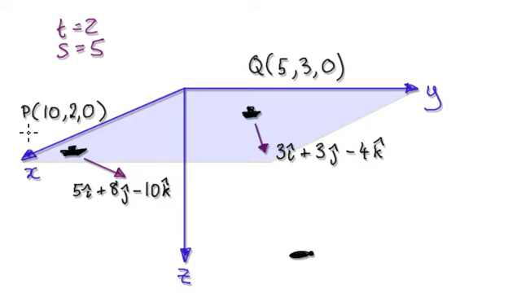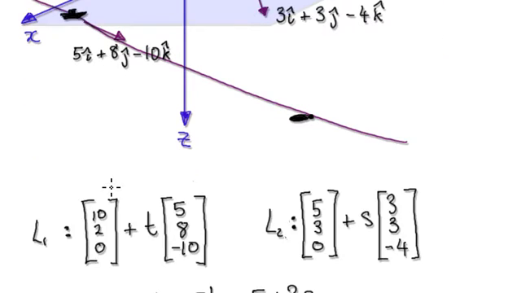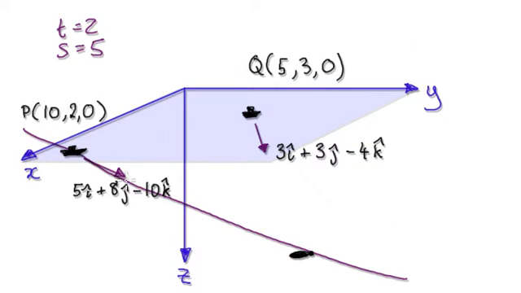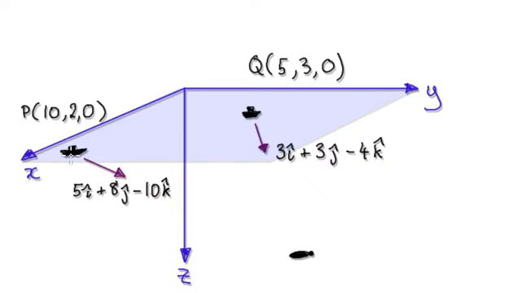So what that means is this is our line 1 here. T is for line 1. Let's just say this vector here is represented by this.